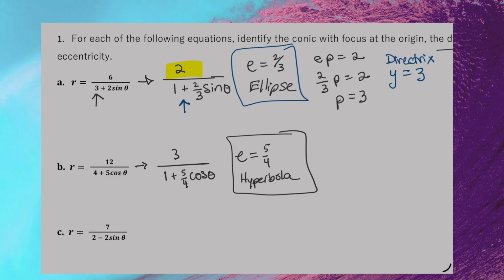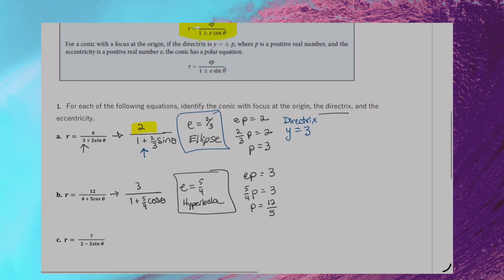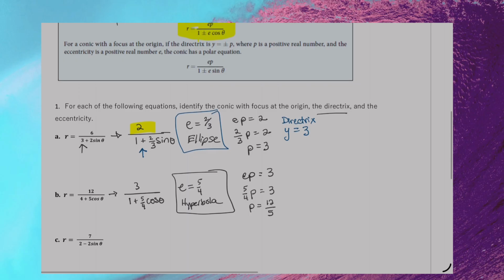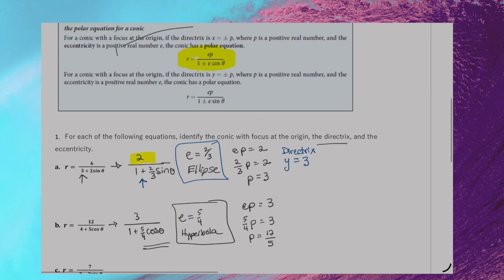Let's find the p-value. ep, the numerator, is equal to 3. I know e. Don't know p, but we can solve for it. p will equal 12/5. Now, looking at the forms that I have, the one that has the cosine is the top one.